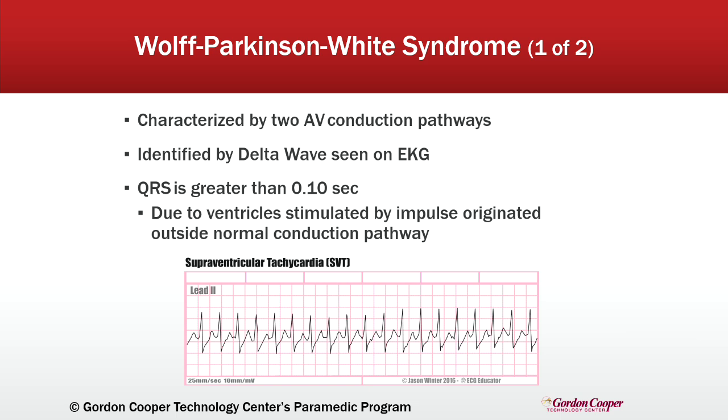Now, due to the extra conduction pathway, the QRS is wider than normal, typically greater than 0.10 seconds, because the electrical impulse is taking a longer route through the ventricles. Because that impulse is traveling through the bundle of Kent, in addition to the normal conduction system, the ventricles are stimulated earlier than they would be normally, which leads to that pre-excitation seen on the EKG.